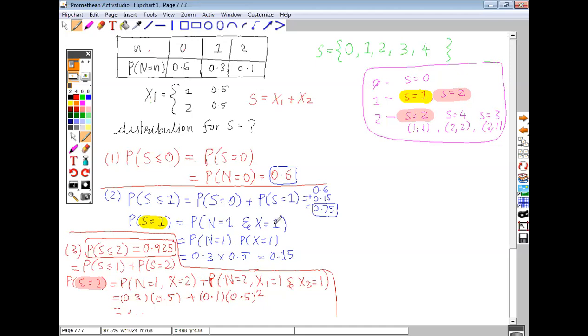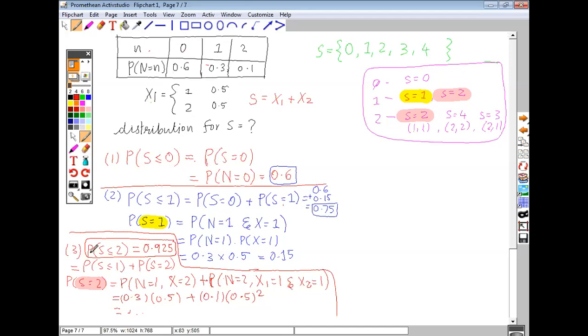That will be the case when I will observe my S as 1. So these are independent. I multiply them together and I take this probability from here. And the probability that X will be equal to 1 is 0.5. So I get 0.15 and then I add 0.6 plus this derived probability to get 0.75 as the total probability that I will observe my aggregate loss less than or equal to 1.